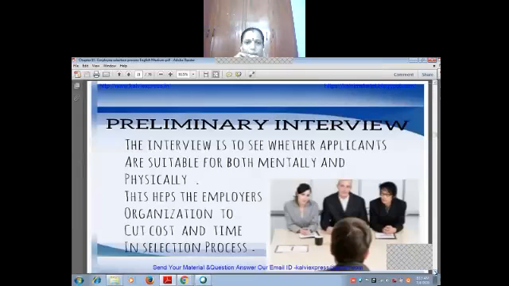The interview is to see whether applicants are suitable both mentally and physically. First, they will see whether he is capable or not, whether he is mentally and physically fit or not. This helps the employer's organization to cut costs and time in the selection process.